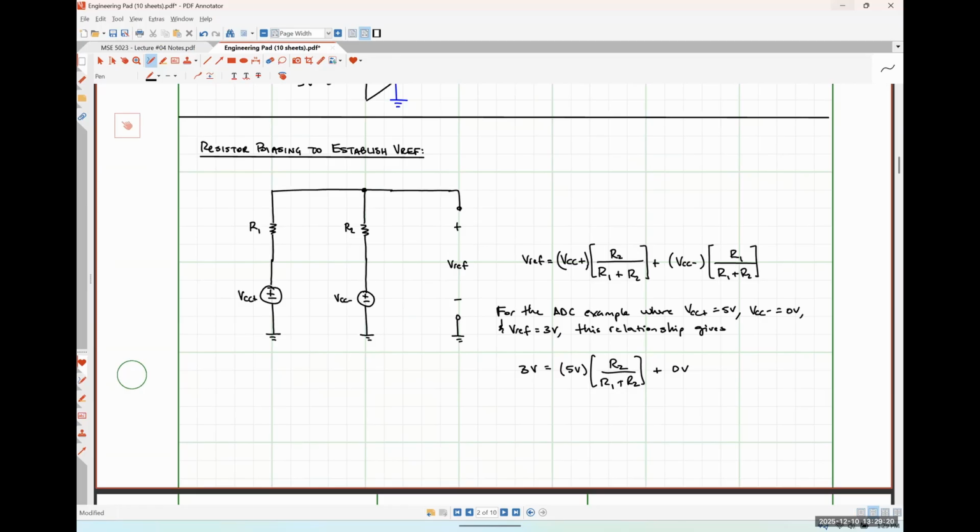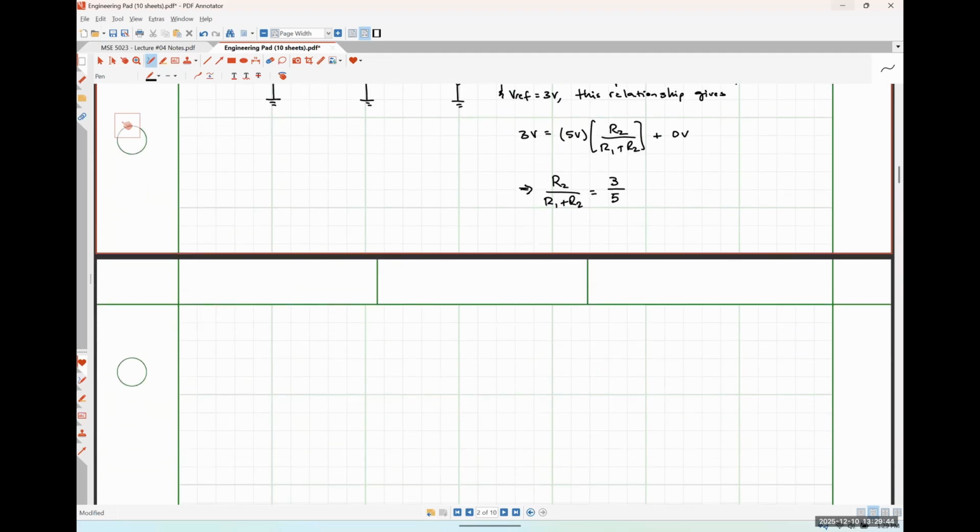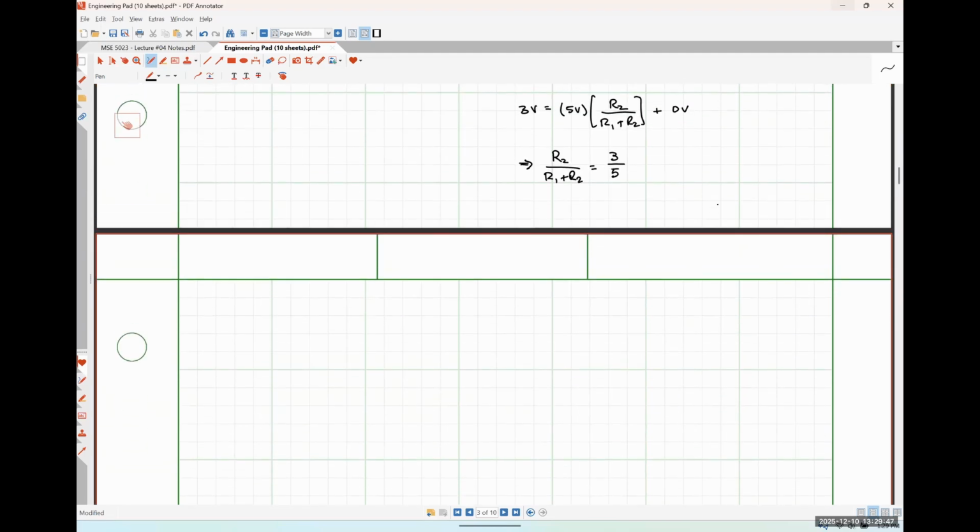So we can say pretty easily then that the ratio of R2 over R1 plus R2 has to be equal to 3 over 5. Everybody catching what I'm throwing there? A little bit of algebra, right? So we could redraw our ADC circuit as something like this. So here's my op amp.